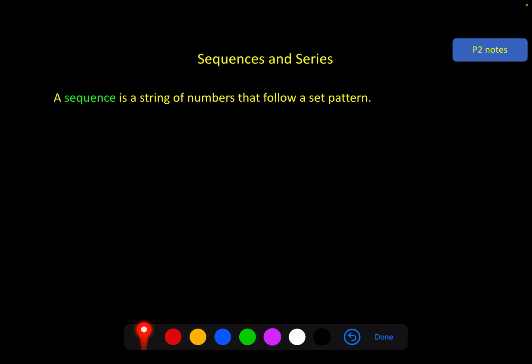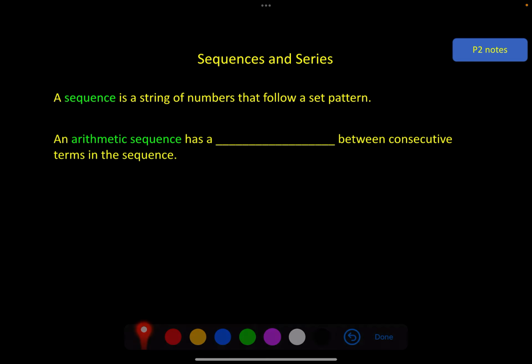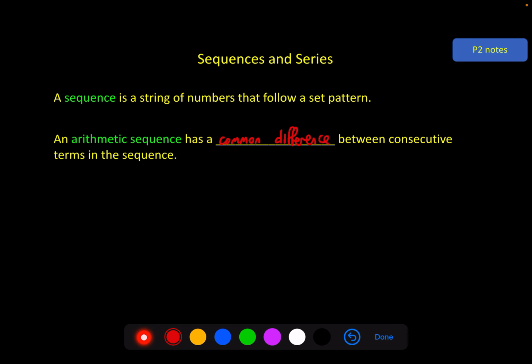A sequence, to be clear on our definitions, is a string of numbers that follow a set pattern. Now arguably they don't need to be numbers, but in the A-level they always will be. Specifically in this video, an arithmetic sequence has a common difference between consecutive terms in the sequence, and I hope you remember that from your previous work.